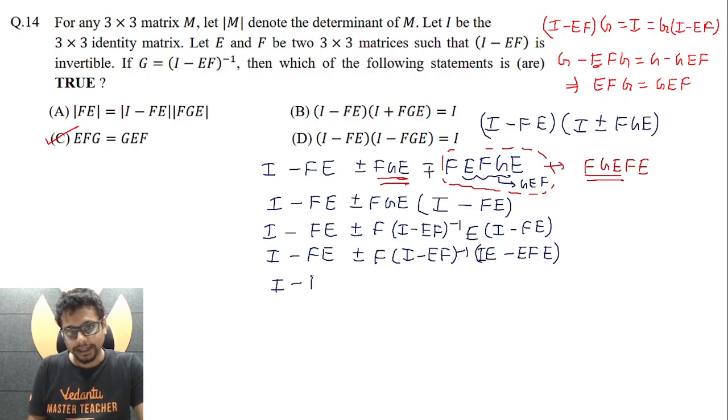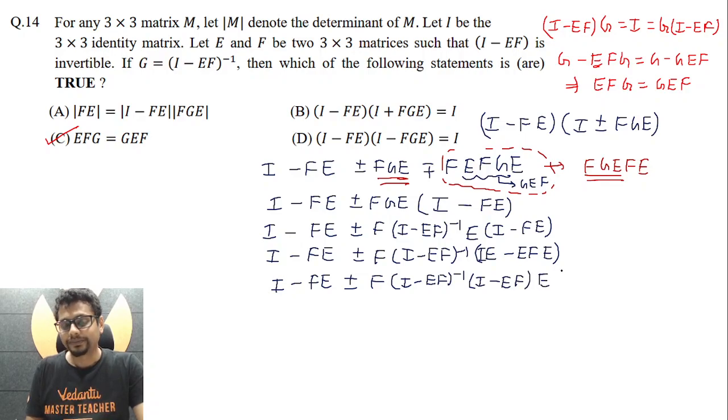So it becomes (I minus EF) inverse, and when you take E common as post factor, what you are left with is (I minus EF) E. So this becomes the identity matrix, because the inverse being multiplied by the matrix gives the identity matrix, and the identity matrix multiplied by any matrix is the matrix itself.